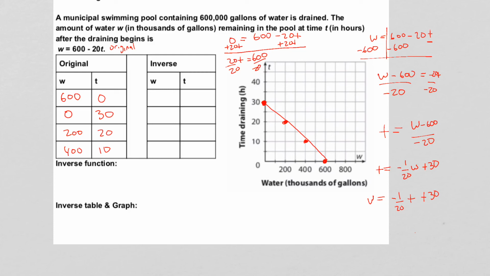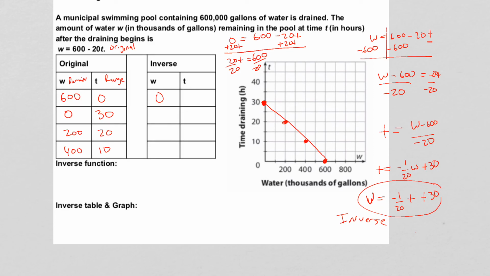So now that we've got the inverse done, here is the original, this is the inverse. And if we're correct, basically this is the domain, this is the range. The range should become the domain, and the domain should become the range.